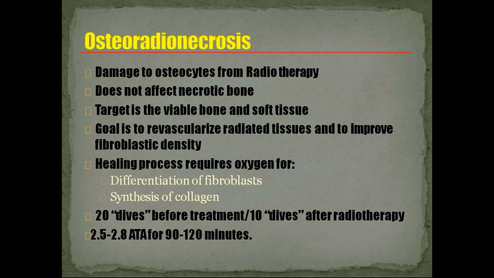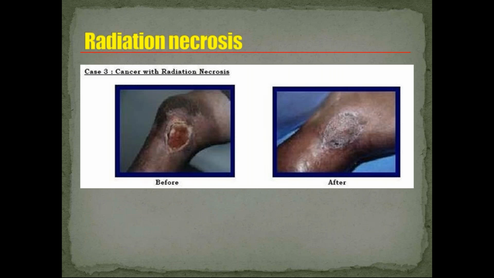The healing process requires oxygen for differentiation of fibroblasts and synthesis of collagen. So 20 dives before treatment and 10 dives after radiotherapy are given at 2.5 to 2.8 atmospheric pressure for 90 to 120 minutes. This is before and after treatment of radiation necrosis with hyperbaric oxygen therapy.